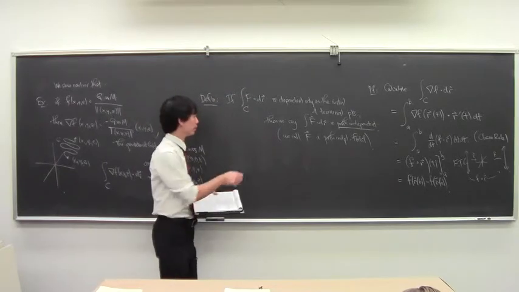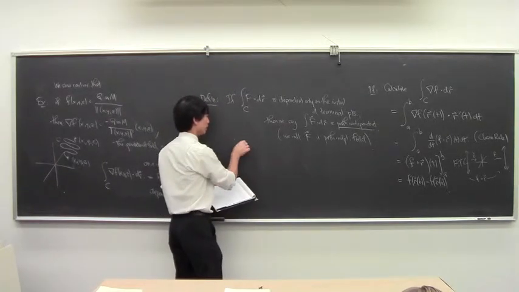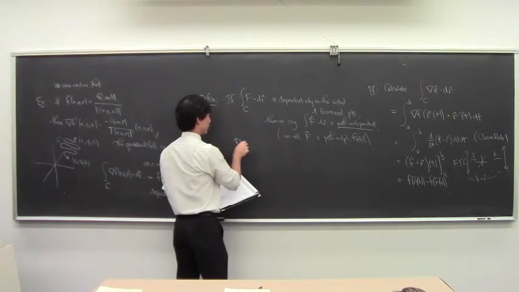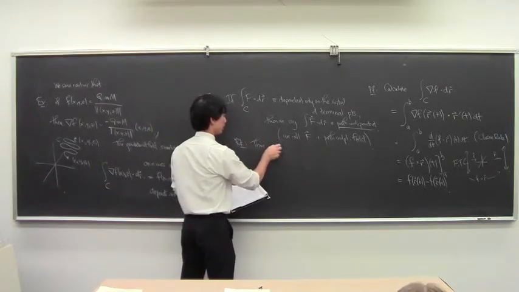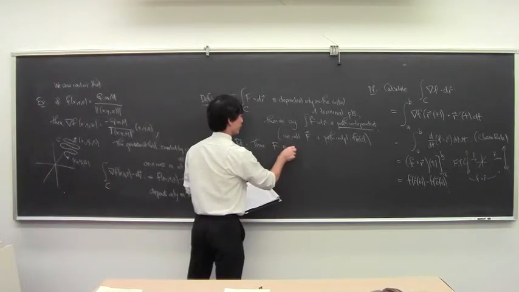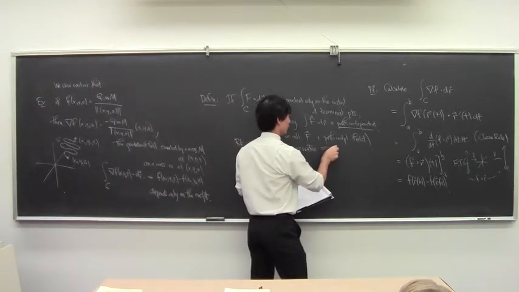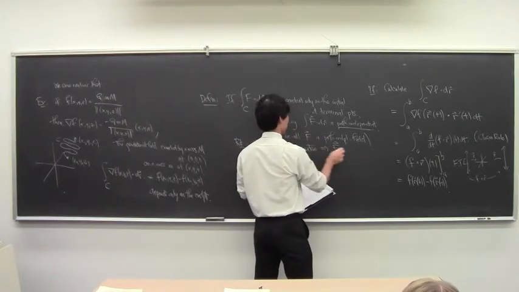So the theorem that we just said basically says that if F is conservative, then F is path independent.